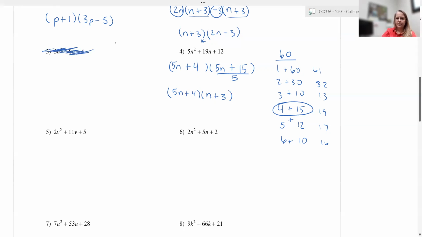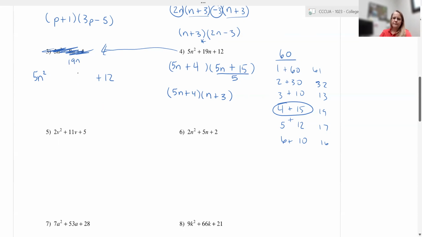And I'm going to work it the other way over here. So I'm still doing this one over here, but I'm going to do it with the grouping way now. So I've got my 5n squared. That's not going to change. And then I've got my plus 12. That's not going to change. But I've got to write that 19n a little more creatively to get 4 terms.